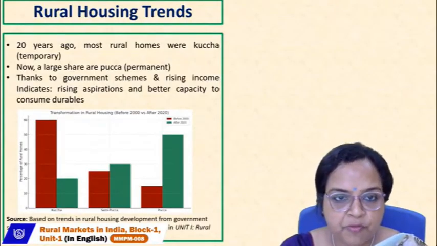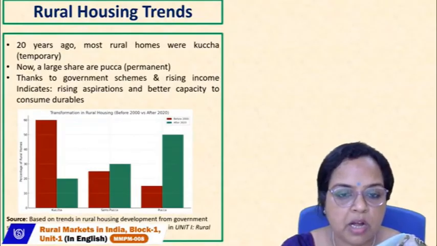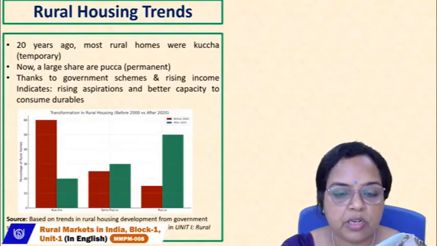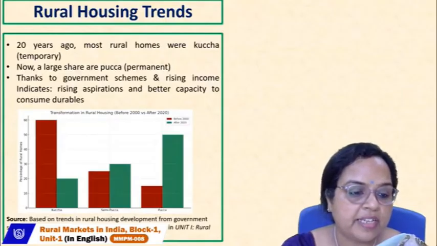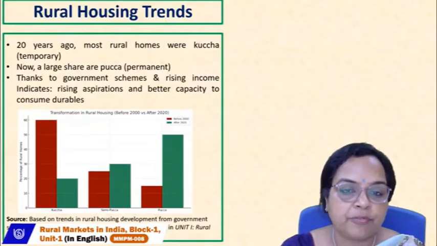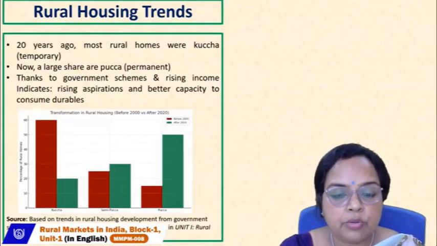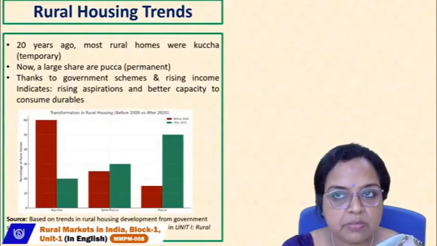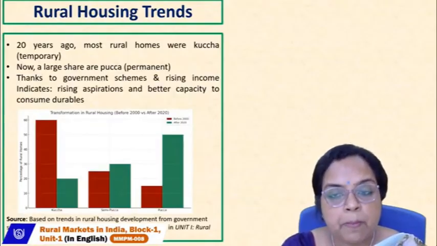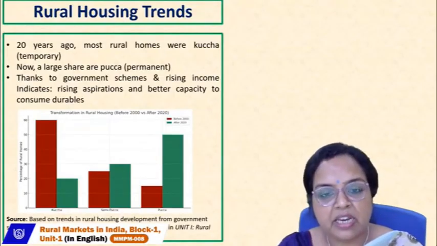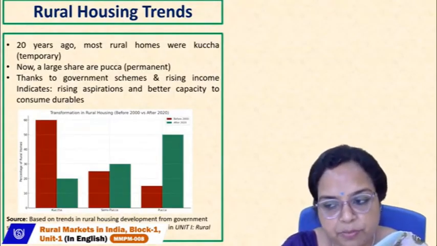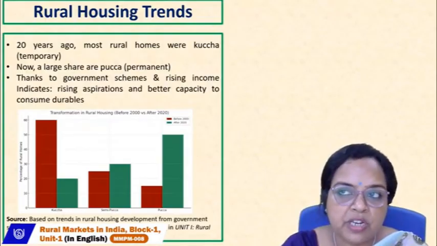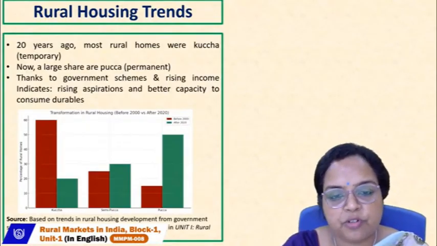This transformation from kacha house to pakka house, before 2000, it was almost 60% kacha houses. In 2020, we are having more pakka houses. This makes a simple understanding. People are having money, they can afford consumer durable products, and this is necessary information for the marketers.